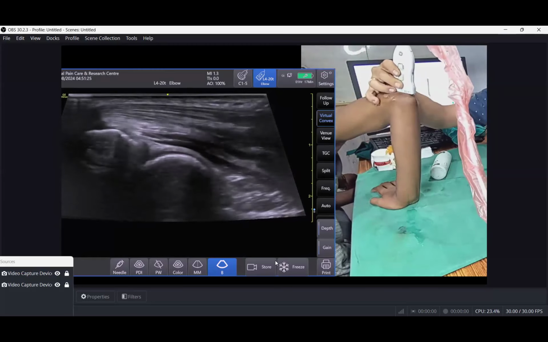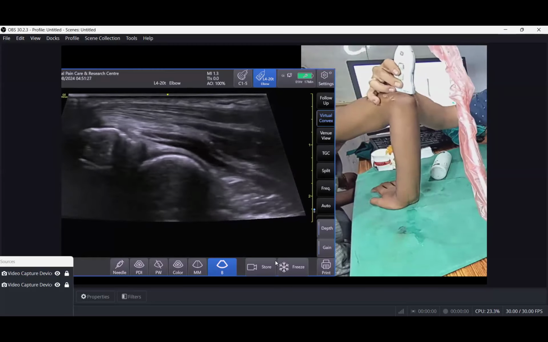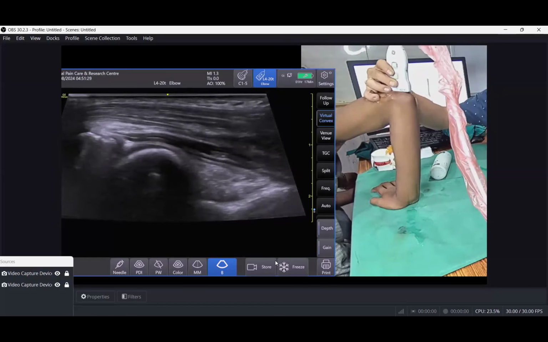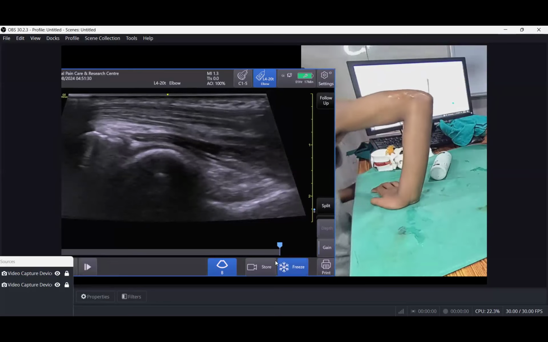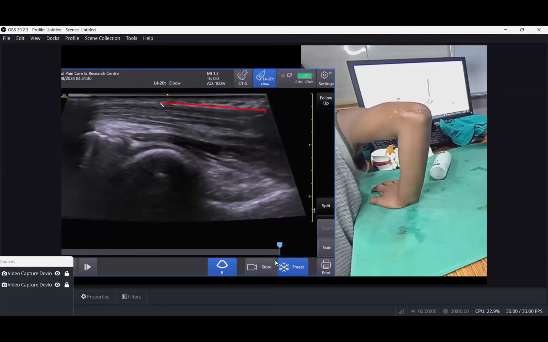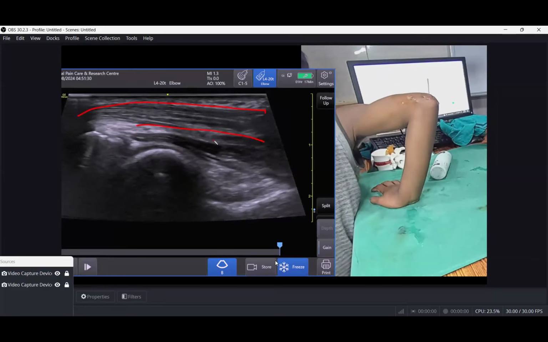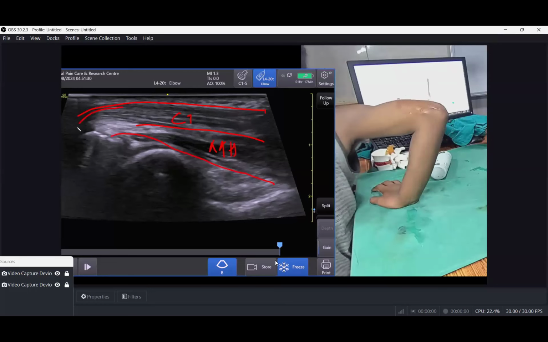Now I'm freezing here. You can see this one is the central tendon, and this one is the medial head of the triceps. The central tendon goes and attaches to the olecranon process of the ulna, and this one is the distal end of the posterior part of the humerus.